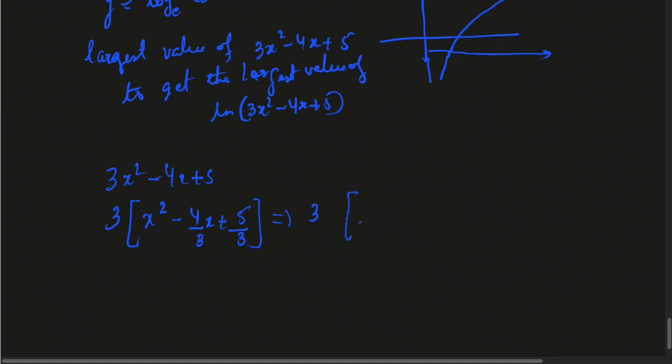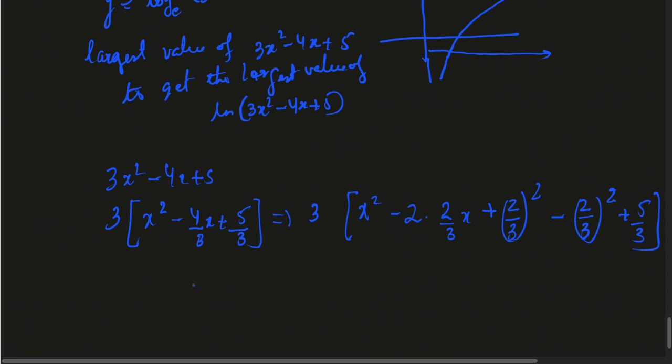So we will write it as 3 into x square minus 2 into 2 by 3 into x. Here a is x and b is 2 by 3. So a square minus 2ab plus b square. So b square will be, we have added this, so we will also subtract this, and then 5 upon 3.